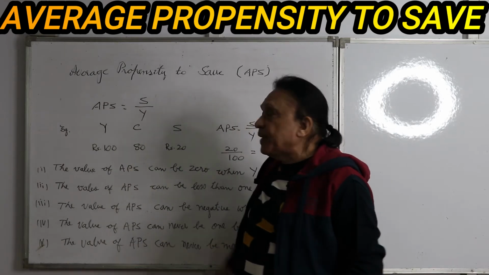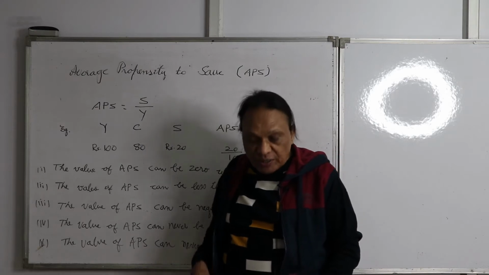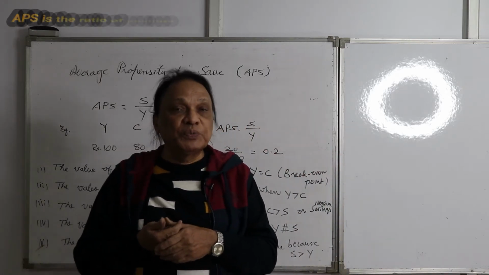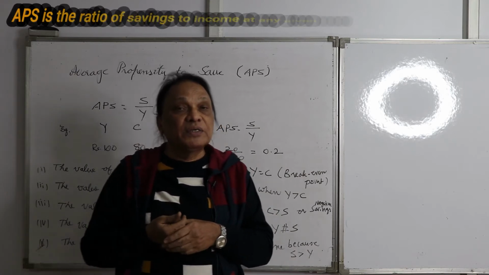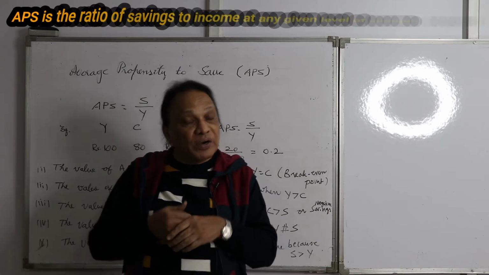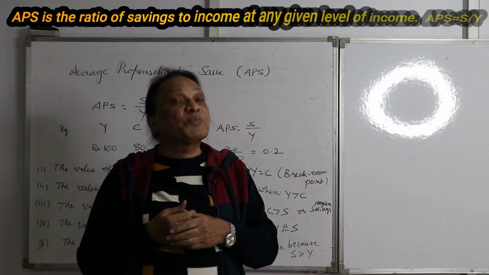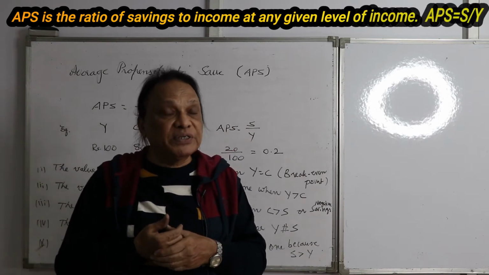We write it as APS. What exactly is average propensity to save? We'll take one small illustration example to understand it. Suppose the disposable income of the economy is $100 billion.